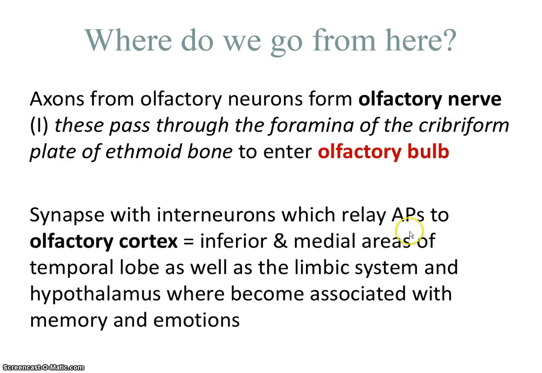Inferior medial areas of the temporal lobe go there, as well as the limbic system, which is a combination of the cerebrum and the diencephalon, and the hypothalamus, especially the mammillary bodies. Smell becomes associated again with memory and emotions.